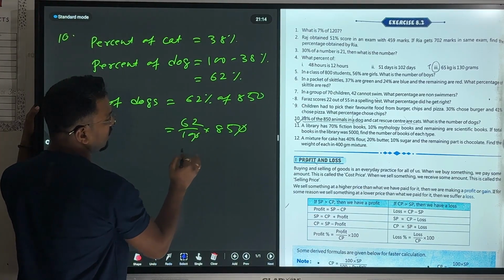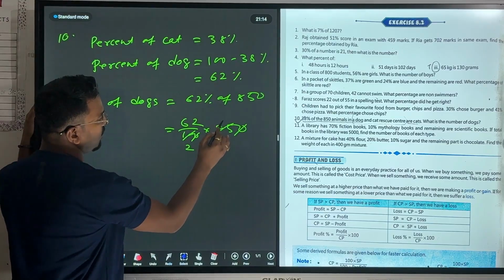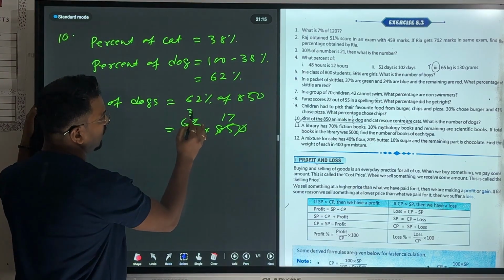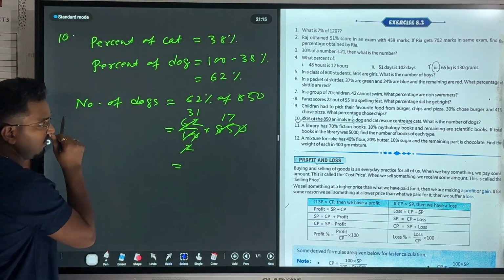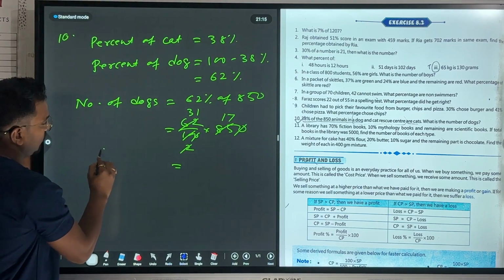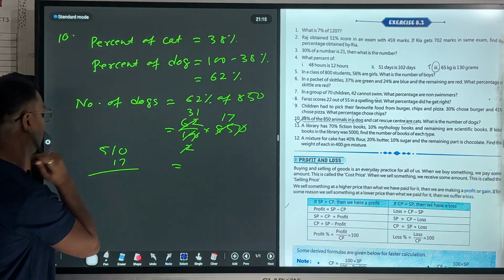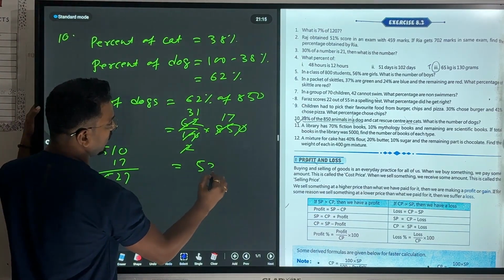So if you cancel it, 0 0, 5 2s are 10, 17, 2, 31. So if you multiply by this, what you will get? 527.